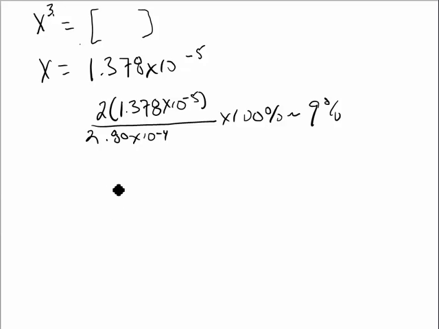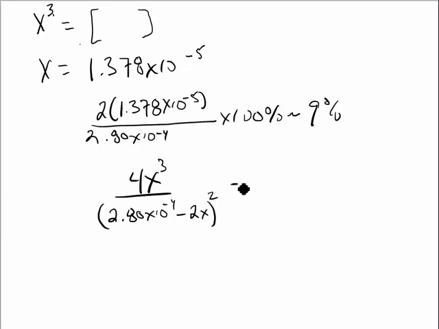So now it's time to just plug this all back into 4x cubed over the 2.80 times 10 to the minus fourth minus 2x and that quantity squared to find out if that's close to 1.67 times 10 to the minus seventh.